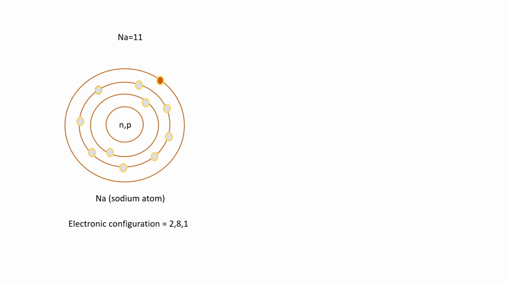Now the new concept that we are going to study here is the valence shell. What is the valence shell? The valence shell is the last atomic shell or orbital. The last atomic shell here is this one, in which only 1 electron is placed. That last orbital in an atom is known as the valence shell. Now the next concept is valence electron.